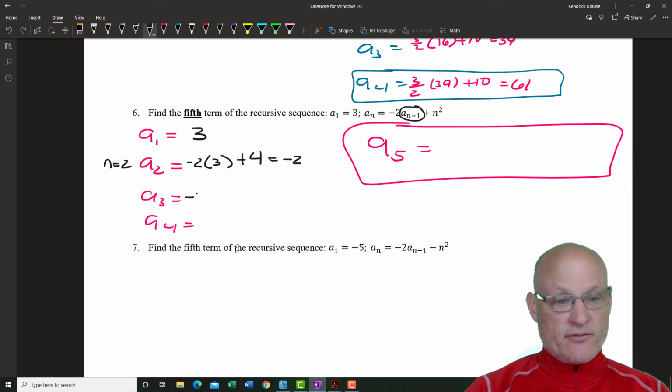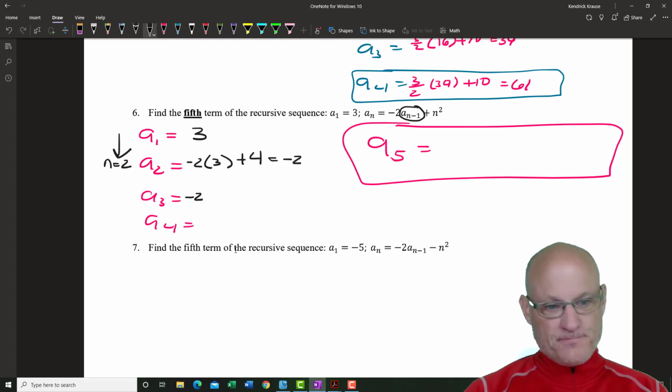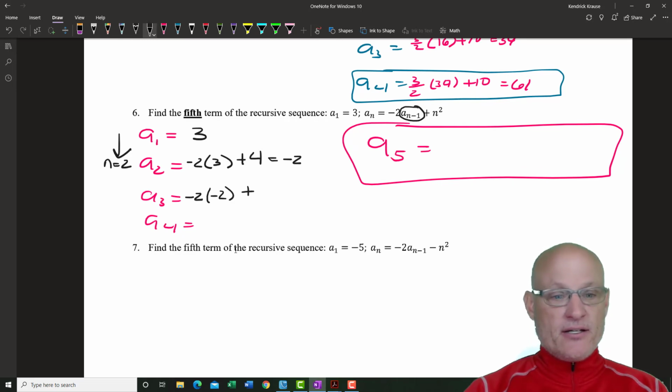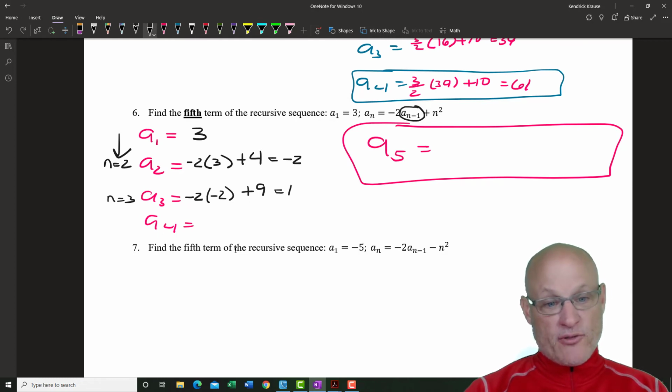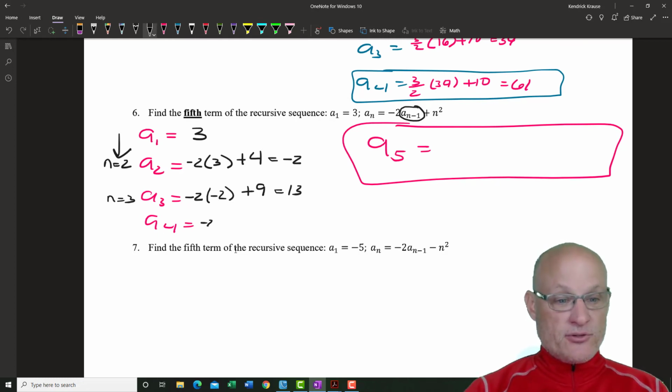Then you're going to take negative 2. Now, these ones with the n in them, you can't use the calculator. Unfortunately, you can't use the calculator with the ones with the n's in it. It just doesn't work. So negative 2 times negative 2, and then add, in this case, n equals 3, so we're going to add 9. So this is 4 plus 9, which is 13. So negative 2 times 13, add 16, 4 squared.